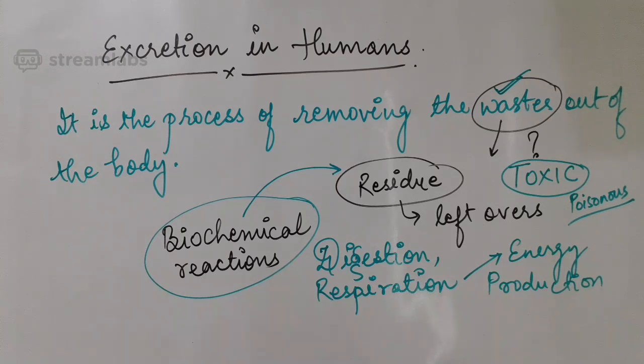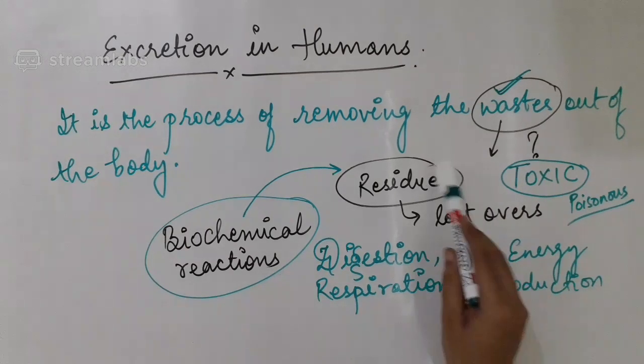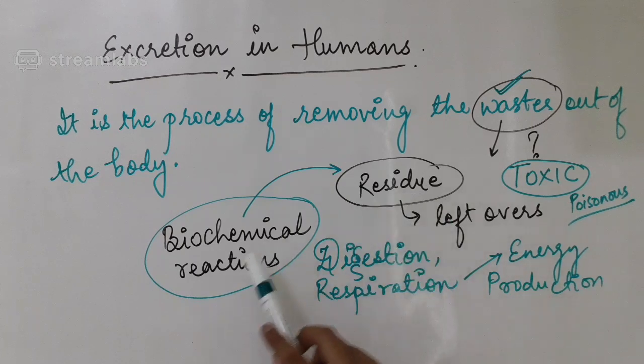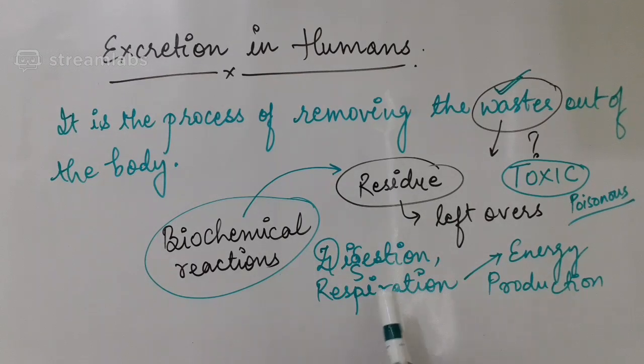This topic is given in the transportation chapter, excretion, article 11.2. So, excretion is the process of removing the waste substances out of the body, and these wastes are the leftovers or the residue of the biochemical reactions occurring inside the body during various life processes like digestion, respiration, etc.